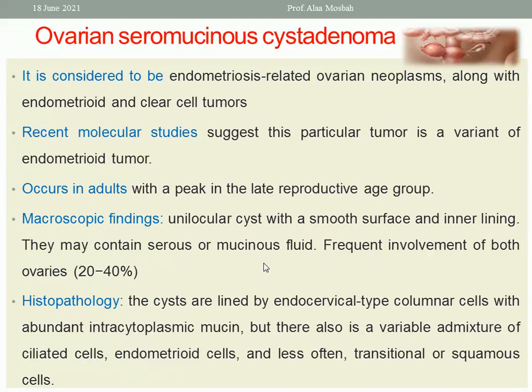Macroscopic finding: it is a unilocular cyst with a smooth surface and the inner lining may contain serous or mucinous fluid, with frequent involvement of both ovaries, between 20 to 40% bilateral. The cysts are lined by endocervical type columnar cells with abundant intracytoplasmic mucin, but there is also a mixture of ciliated cells, endometrioid cells, and less often transitional or squamous cells.